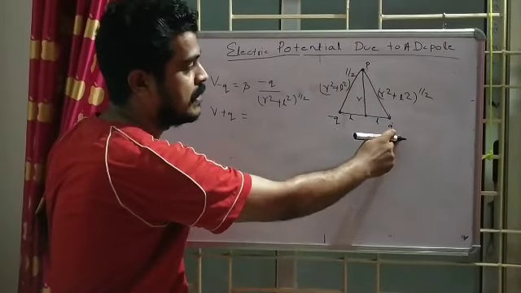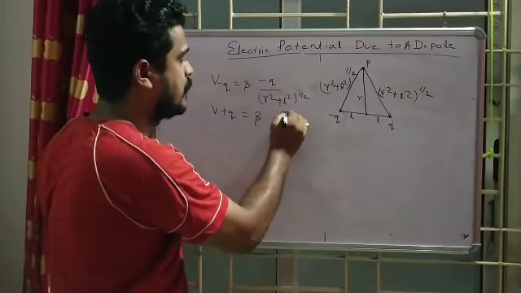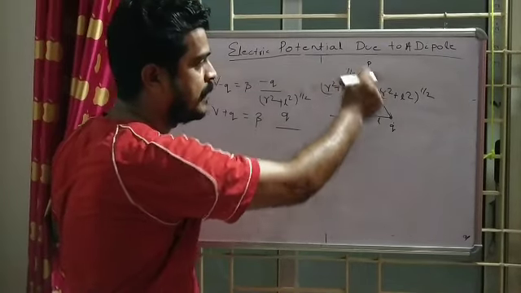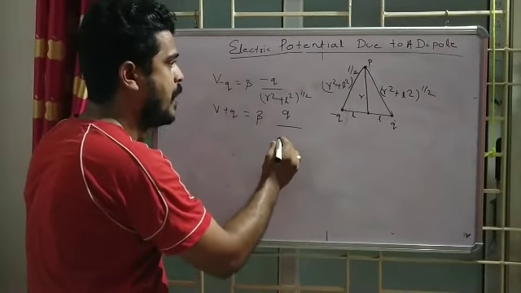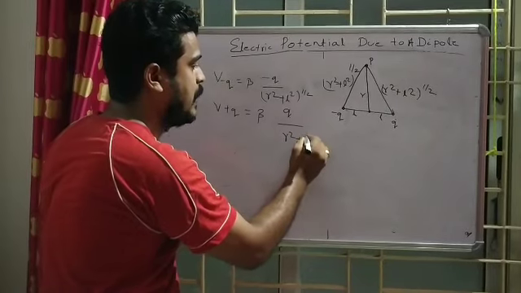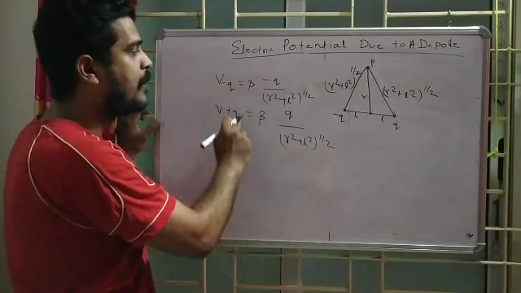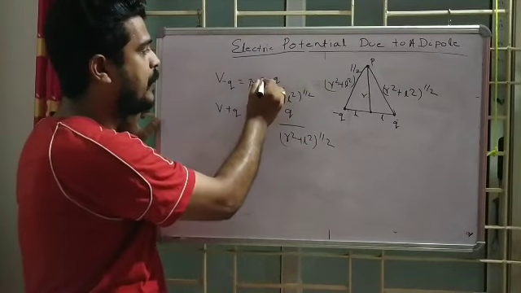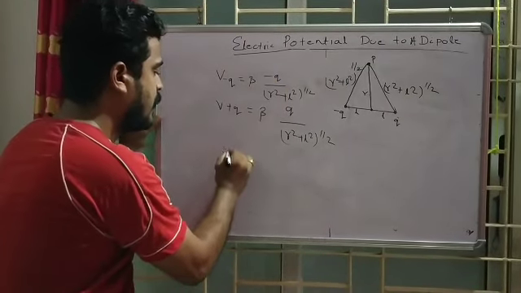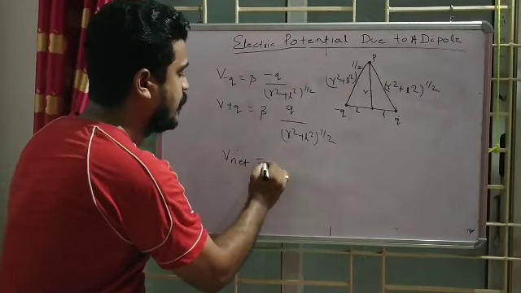Plus q means this charge, so again beta times plus q upon this distance, which is (R square plus L square) to the power half. Here you can clearly see that both terms are the same, and only the minus sign differs. So if I add, I get the total potential as 0.